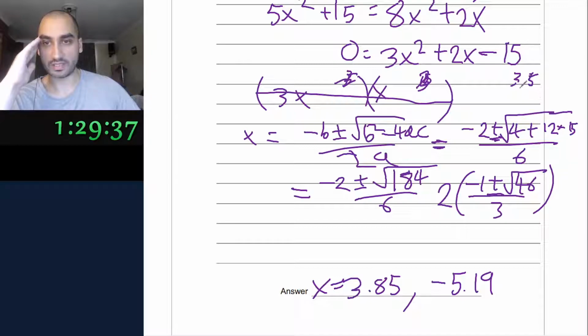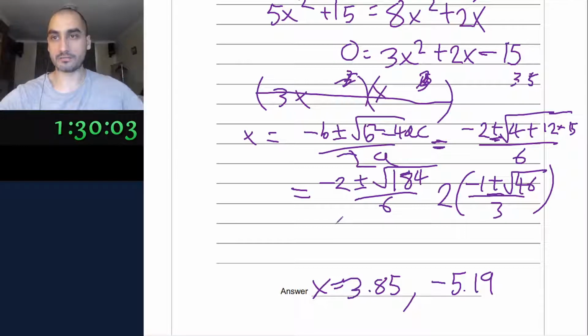It's going to end up positive, and 4 times 3 is 12 times 15. And 12 times 15 is 180, plus 4, 184. Probably shouldn't have factored out the 2. Let's try typing this. Oh, no, time's up.